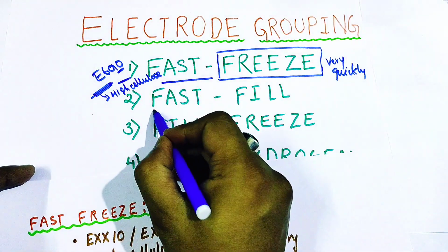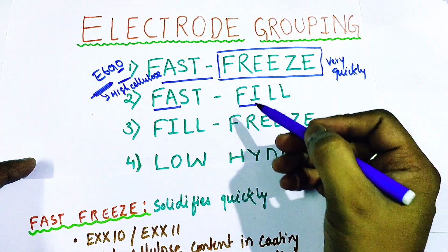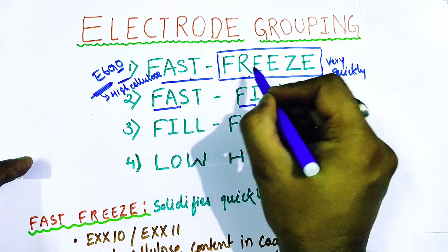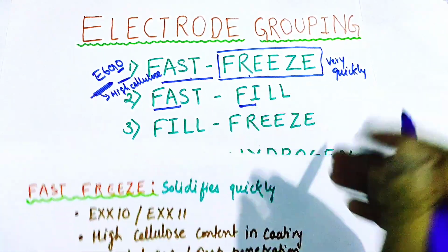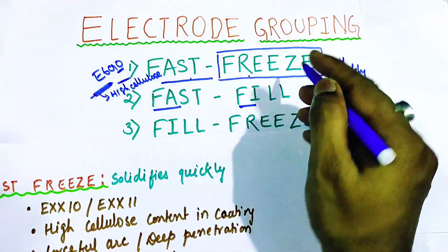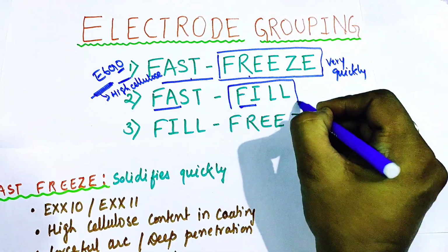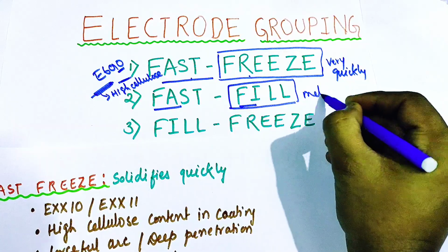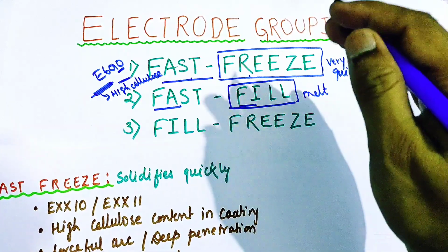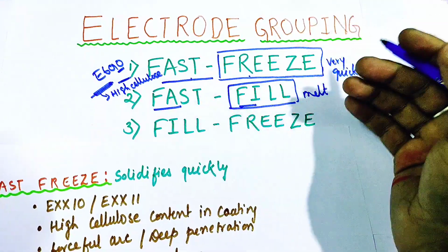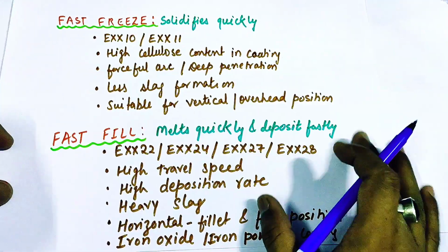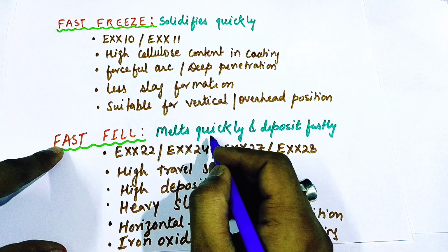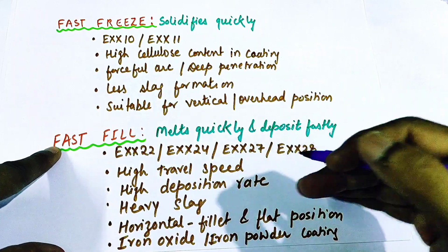Now we'll talk about fast fill electrodes. Here we had freeze fast, means it was solidifying very fast, and here we have fill fast. What does it mean? It means that the electrode melts very quickly and fills the groove or the joint very fast. So it melts quickly, fast fill electrodes, and hence it deposits fast.